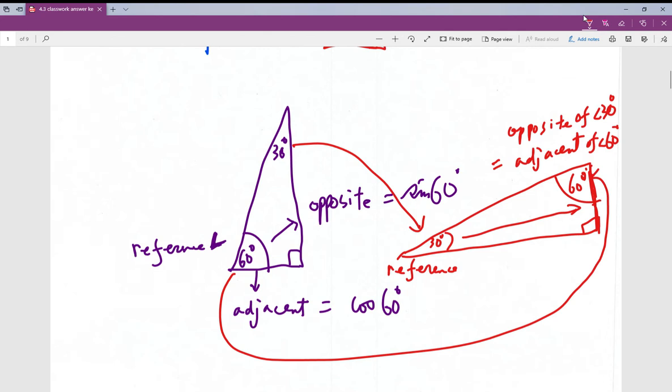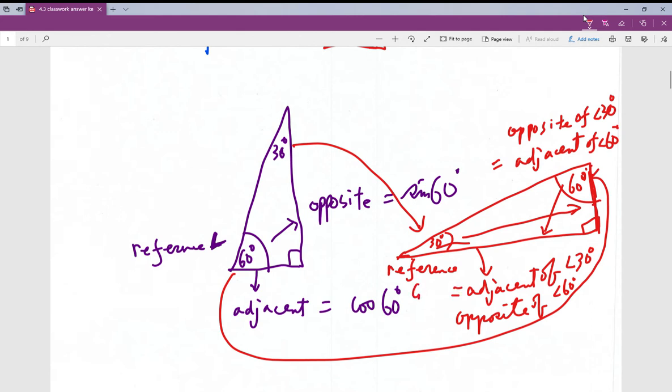And the adjacent of angle 30 happens to be opposite of angle 60. And these two values should be equal. So in other words, adjacent means cosine 30 should equal the opposite of the 60 degree angle, which is sine 60.